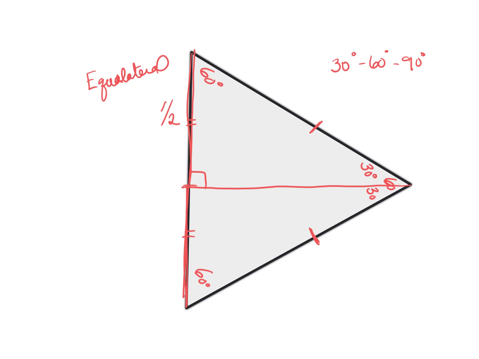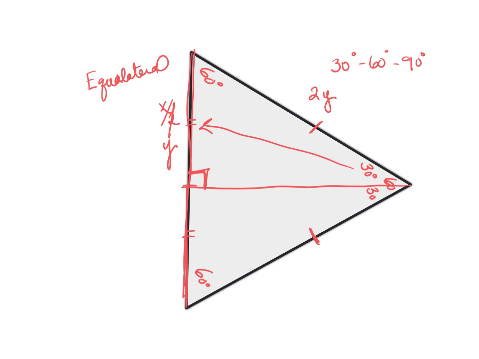So we can look at it as if this side opposite the 30 degrees is half of the hypotenuse, because this is my right triangle, or we can look at it as this side length is double whatever that is, and that's supposed to be a y, by the way.